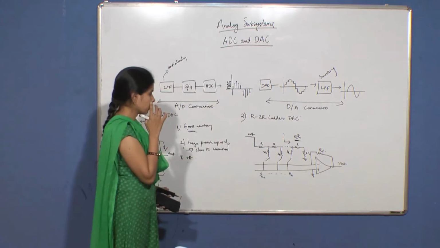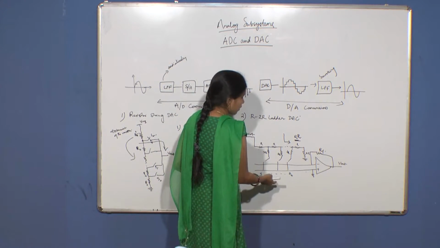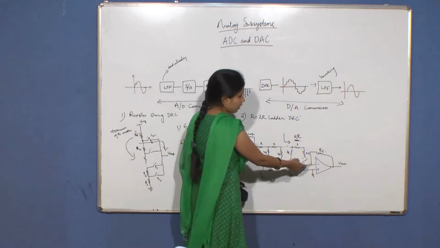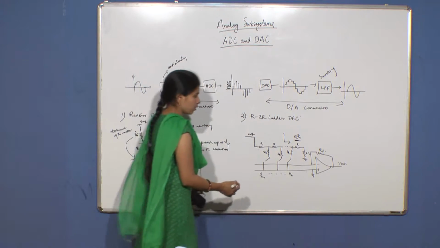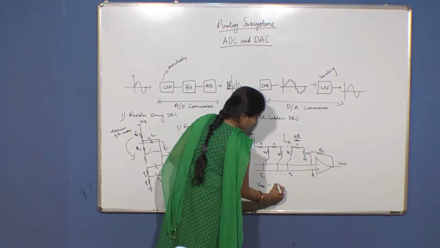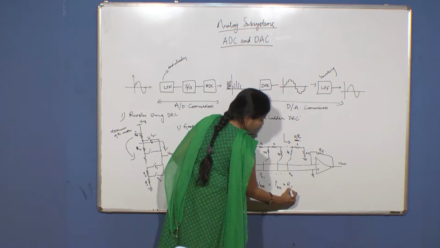Whenever the digital input word is given, each bit is connected either to the positive terminal or the negative terminal, depending upon whether D0 is 0 or 1. The total voltage is given by I total into your RF.